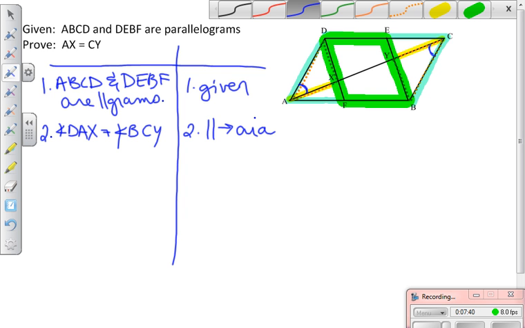Now, if they're parallelograms, I also know that DA is equal to BC because opposite sides of a parallelogram are equal. So this is a property of a parallelogram.